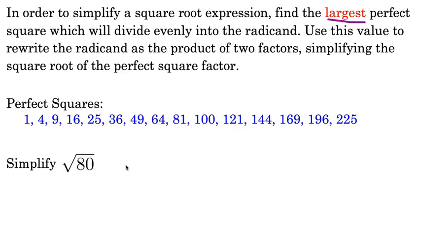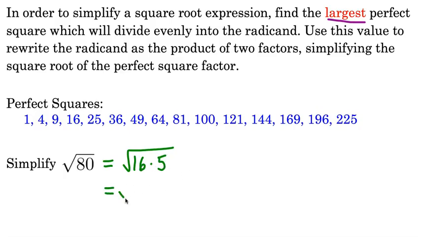9 does not divide evenly into 80, so we move on. And then we get 16. 16 does divide evenly into 80. The other part of that factor pair would be 5. So 16 is a larger perfect square, so we're going to choose that as our factor pair, 16 and 5. So we get square root of 16 times 5.